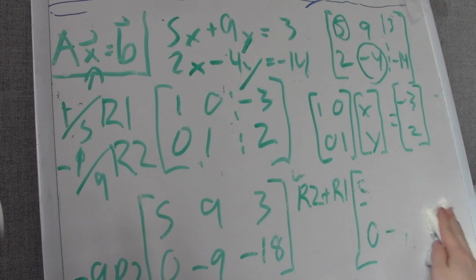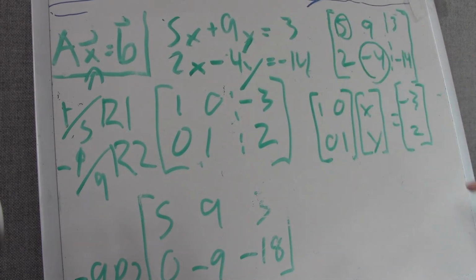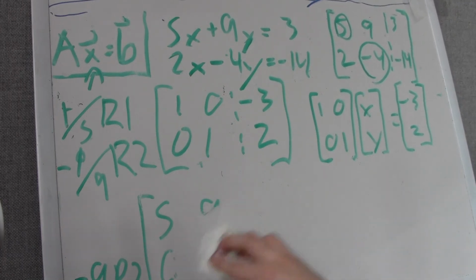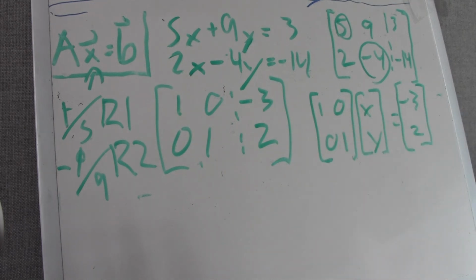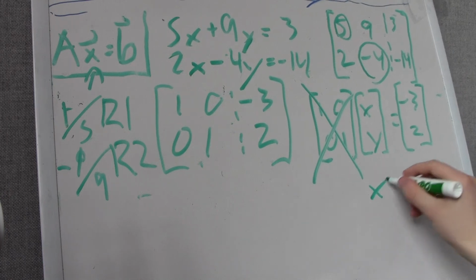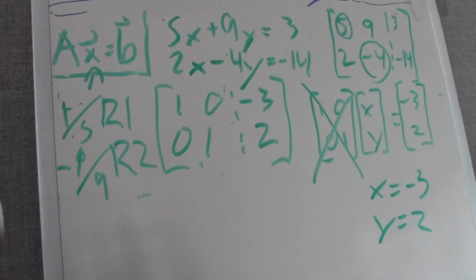What that means is that if you have a matrix that's 1s down the diagonal and the rest are zeros, if you multiply something by that matrix, it's the same as multiplying by 1. The matrix doesn't change. So, in effect, this doesn't change anything. And we're left with x equals -3 and y equals 2.